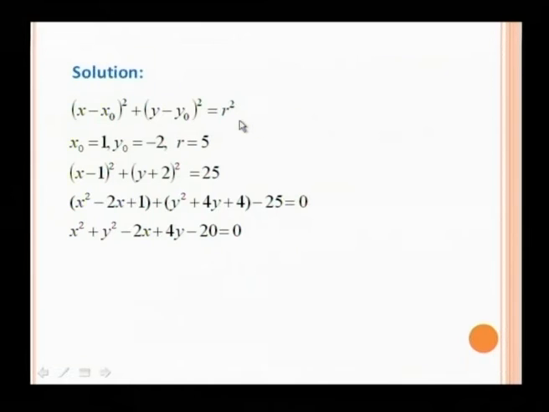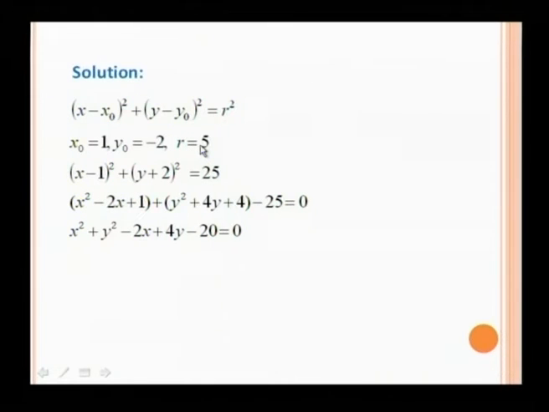Again, we would use the circle equation, where the equation was (x minus x naught) whole square plus (y minus y naught) whole square is equal to r square. As I told you, the circle is centered at x naught, y naught, where x naught is equal to 1 and y naught is equal to -2. And we have found the radius from the distance formula as well, where distance is equal to 5.